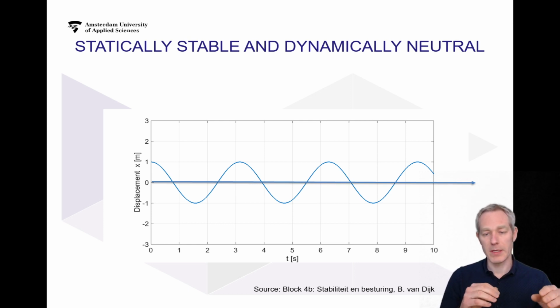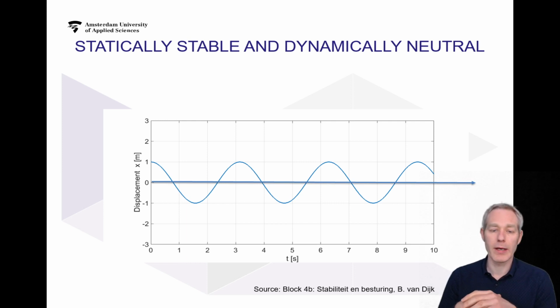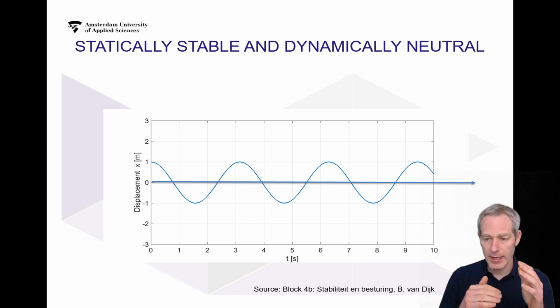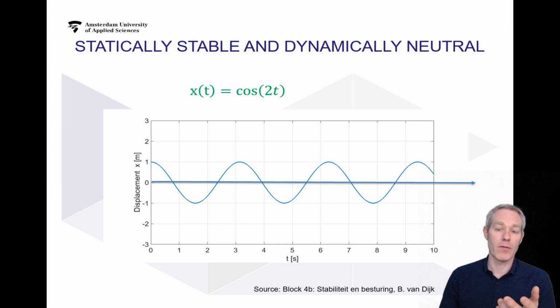It's always going to be at a point where it moves away from it again. It's not moving further away, and it's not coming any closer over time. This is called dynamically neutral. For example, a purely sinusoidal or cosinusoidal function will be dynamically neutral.